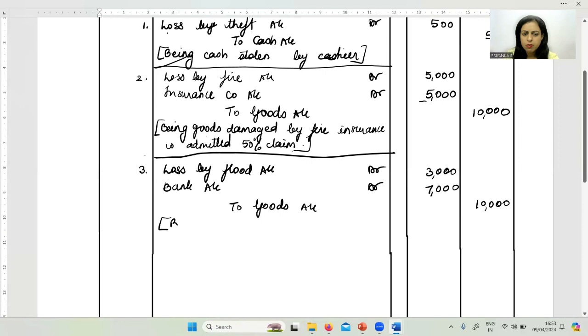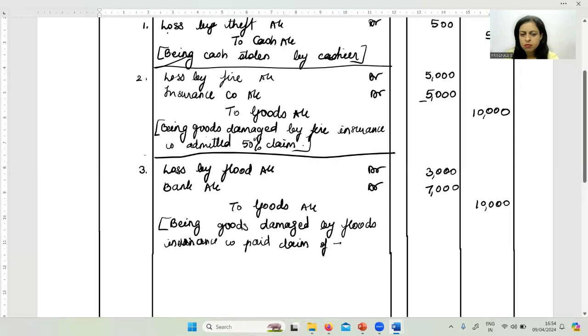In brackets, we'll write being goods damaged by floods, insurance company paid claim of 70%.